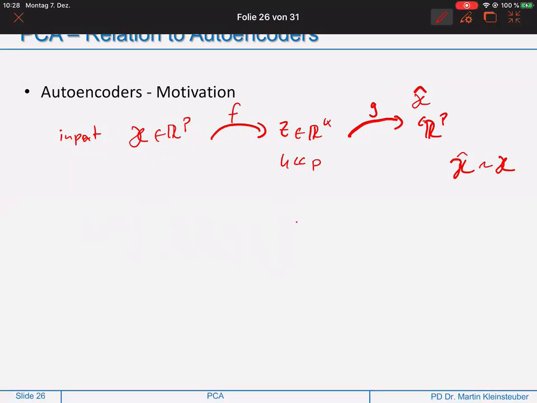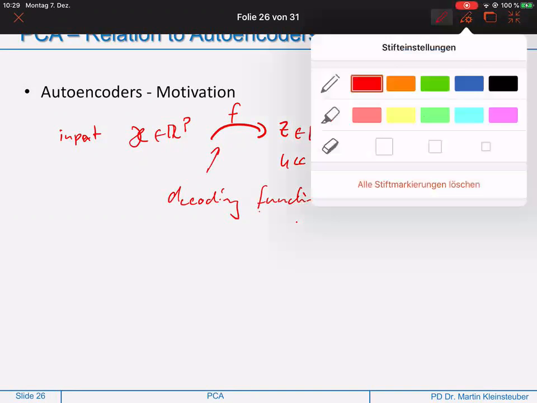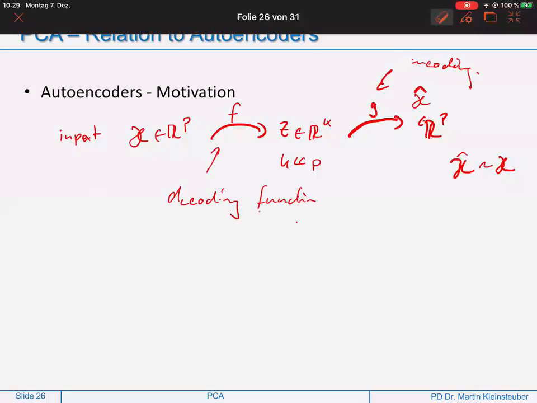F is called the encoding function and G is called the decoding function.